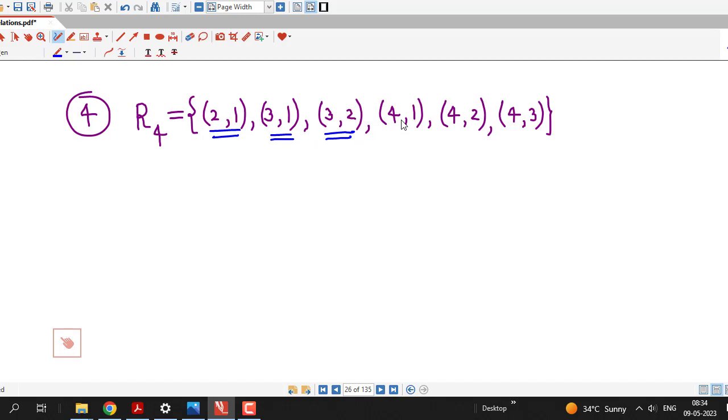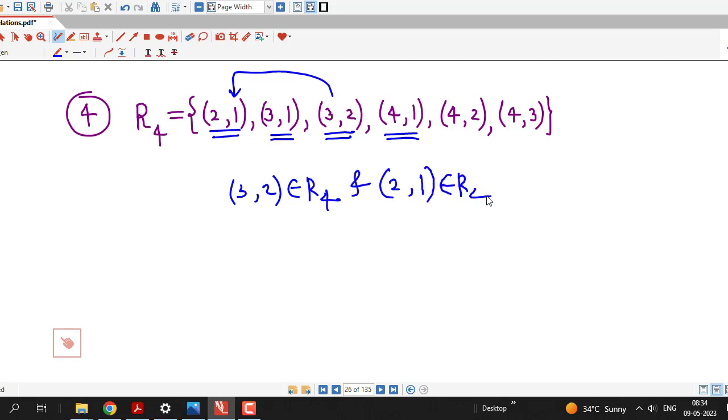There is no other pair whose first component is 2. (4,1) belongs to... here I have to check for these two: (3,2) belongs to R4 and (2,1) belongs to R4, so we must have (3,1) belongs to R4 and that is present here.